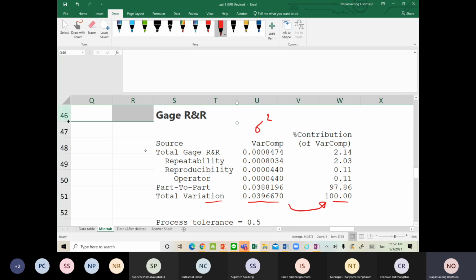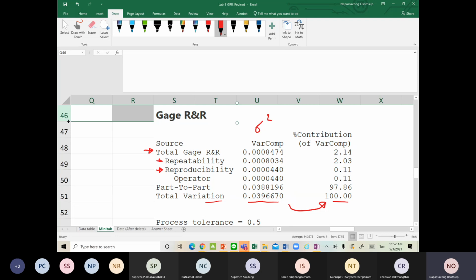Then it quantifies the variance of total gauge R&R. First it quantifies the variance of repeatability and the variance of reproducibility, using the formula we have seen before, but Minitab has adjusted the formula to have more statistical properties, though it has pretty much the same concept as what we have seen before.